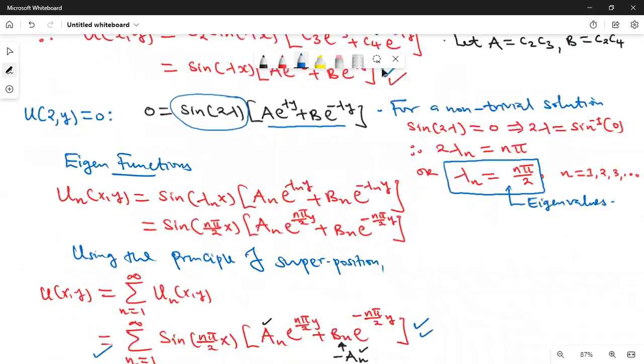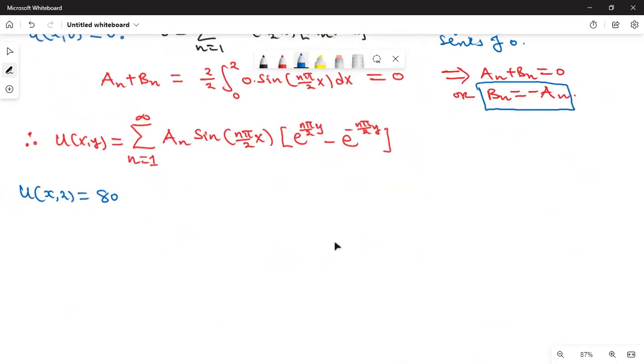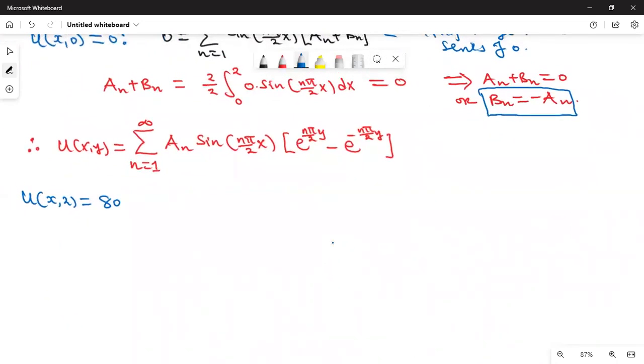So I'll go down so that I can write 80 sine pi x. What does it mean? That when you put y equals 2 in this equation, you need to get u equal to 80 sine pi x.